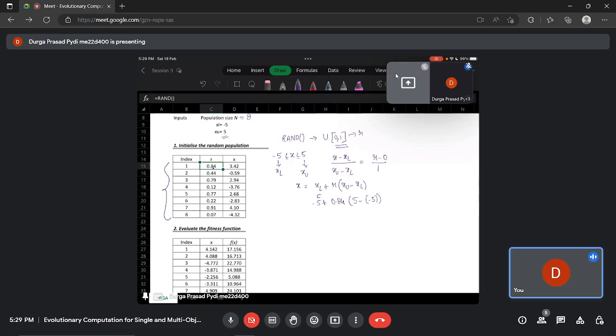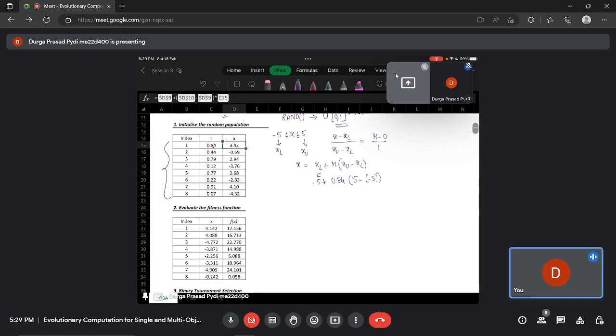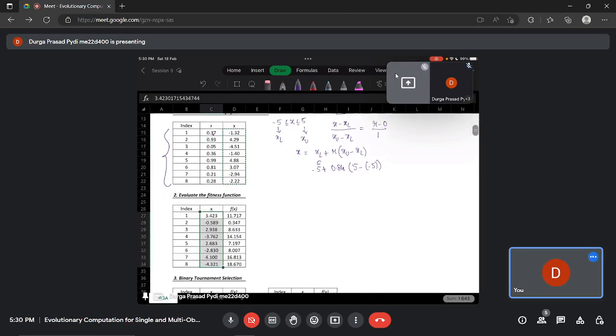Once you are done with this, the next step is evaluating the fitness. So we take all the values of x from here and paste these values. So now when you see here, you know that f of x in this particular example is x square.